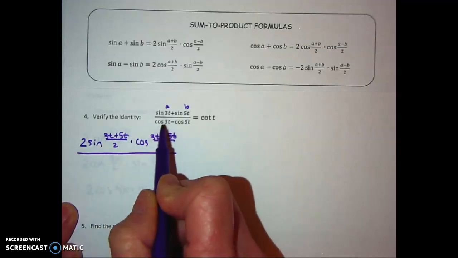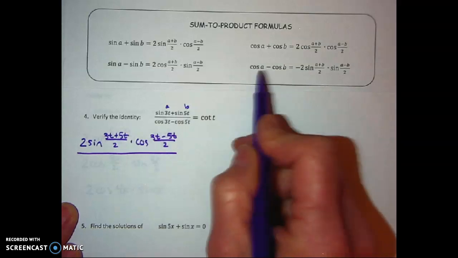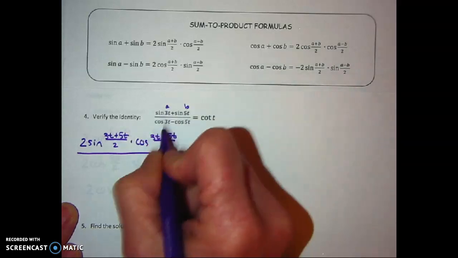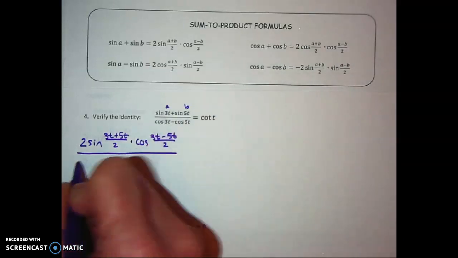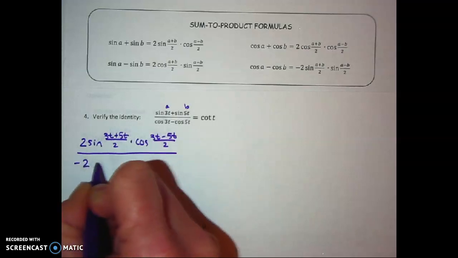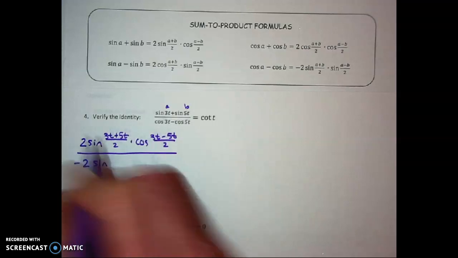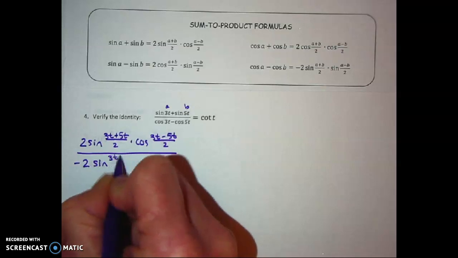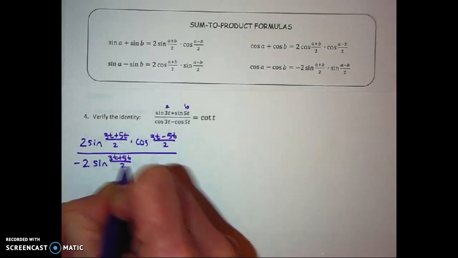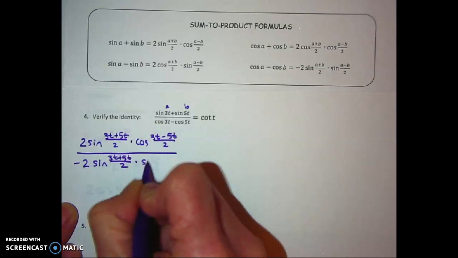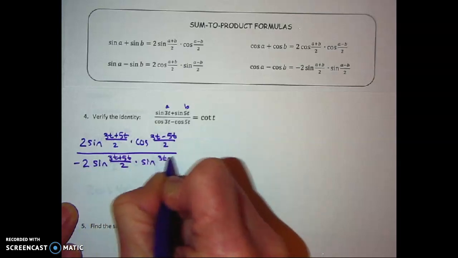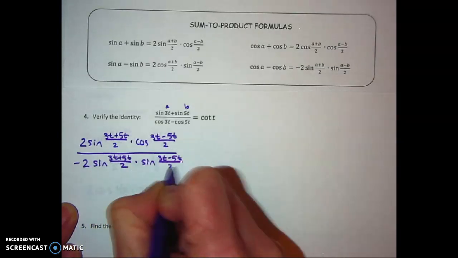And then on my denominator, I have a cosine minus a cosine, so I'm going to use the last one. And again, my a and my b are the same. So this is going to be negative 2 times the sine of 3t plus 5t over 2, times the sine of 3t minus 5t all over 2.